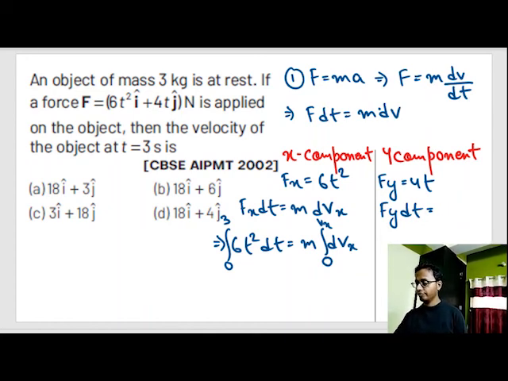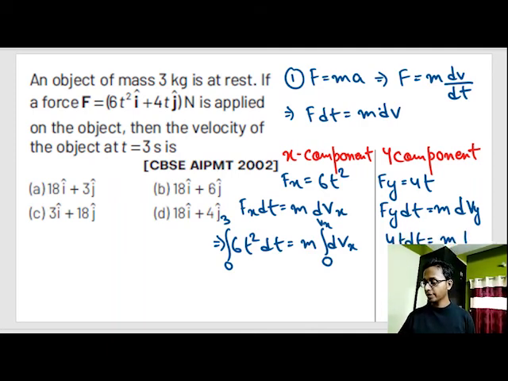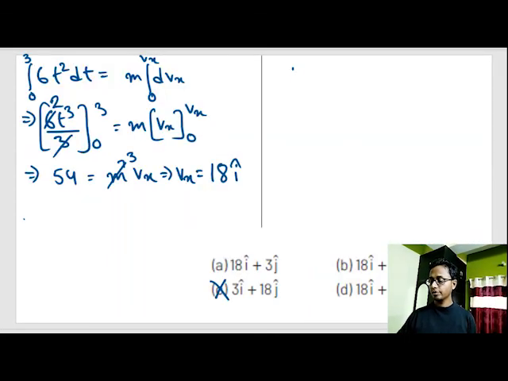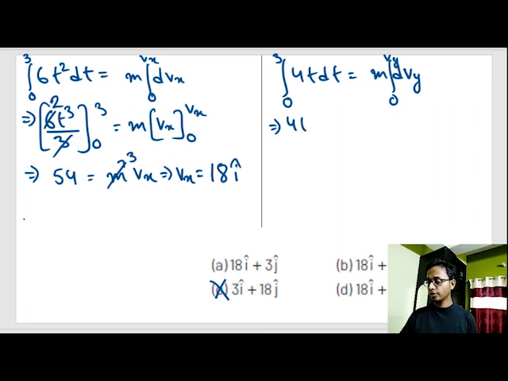Similarly, 4t dt is equals to m dvy. Let's do it on the next page. Let's apply the limits of integration: 0 to time is equals to 3, and 0 to the y component of velocity, or 4t square by 2.